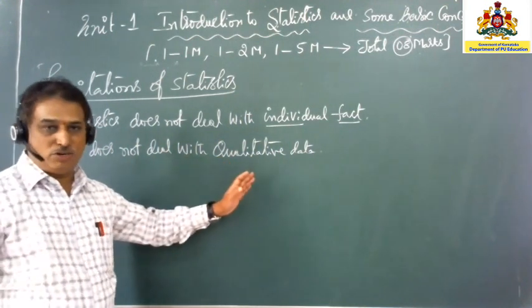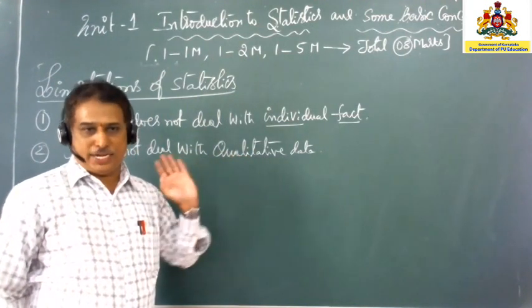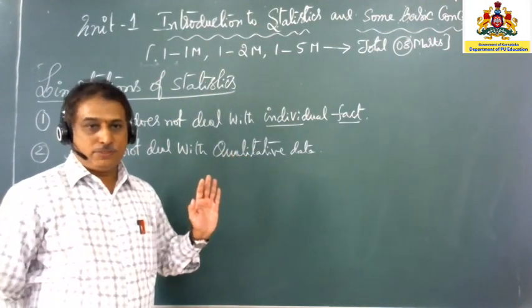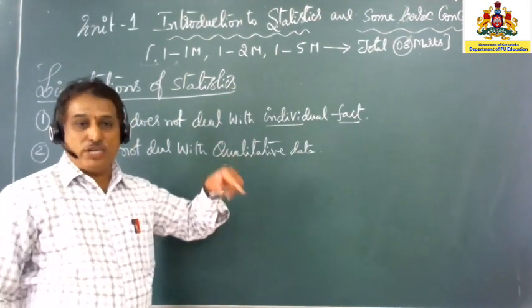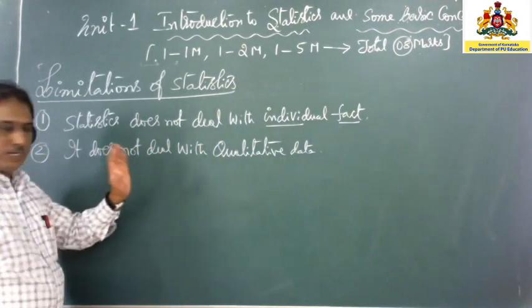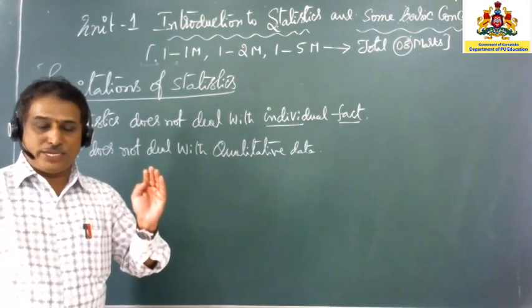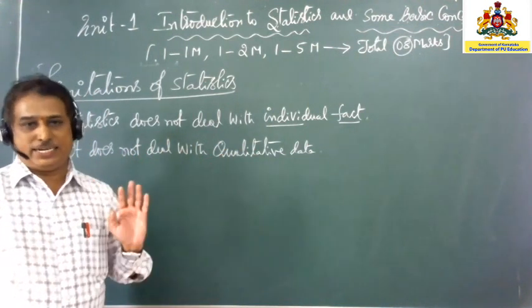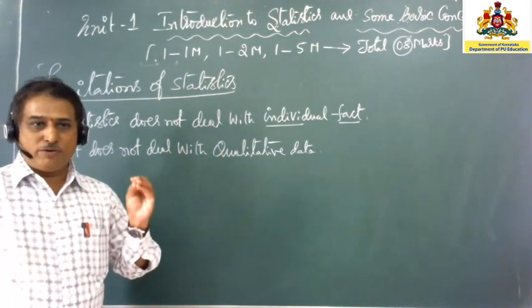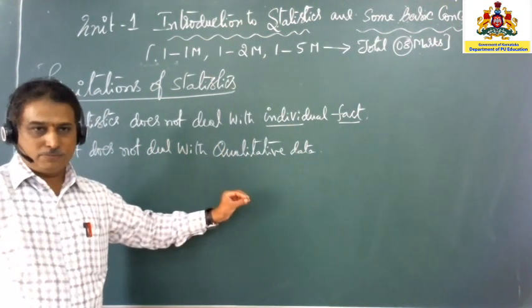Such data is called qualitative data. It refers to attributes. If the data is qualitative, statistics does not deal. That's why statistics always refers to the quantitative characteristics. Qualitative data refers to the attributes.